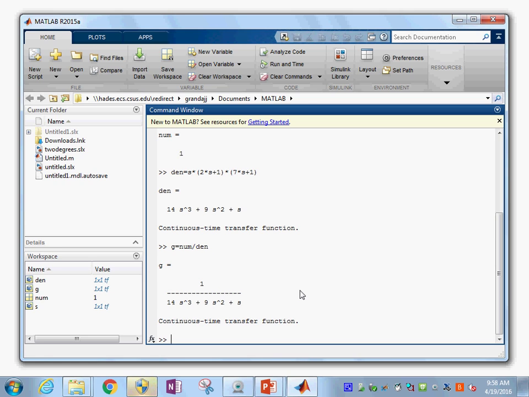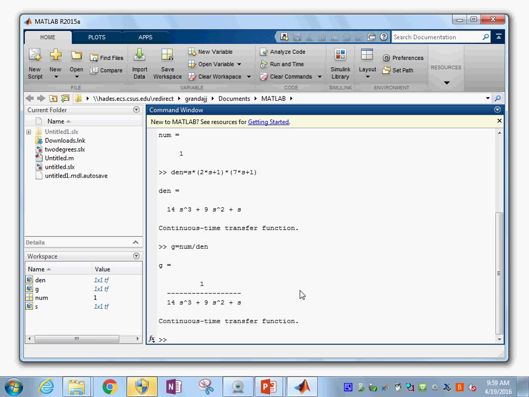Pretty simple, right? And if you follow my lead and do those definitions of the s variable as a transfer function variable, then it's very easy to manipulate the transfer functions in factor form and to enter them in factor form.